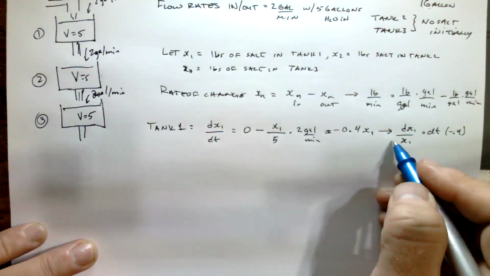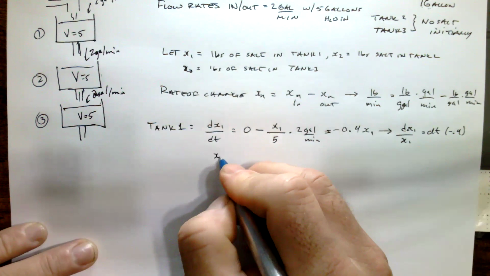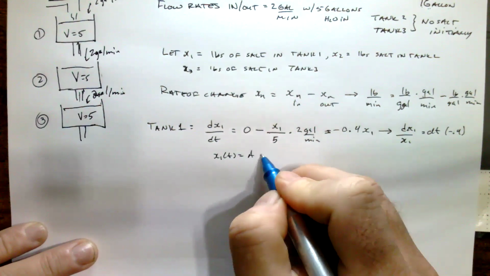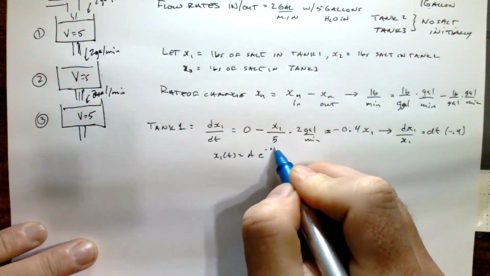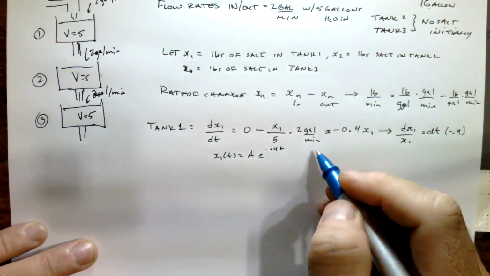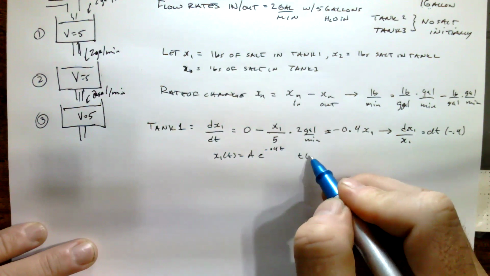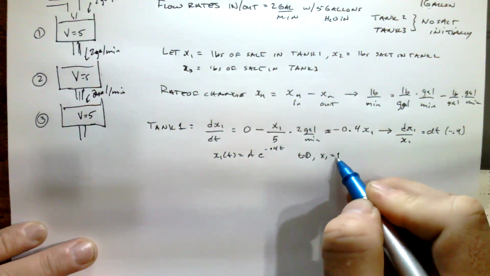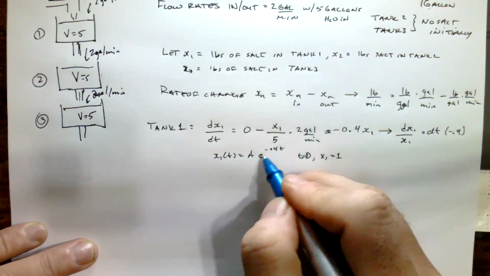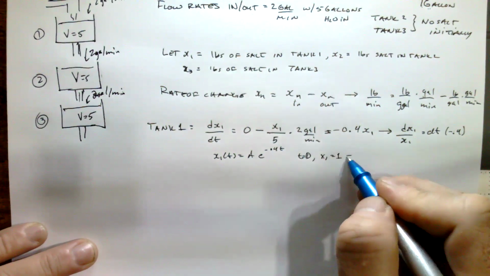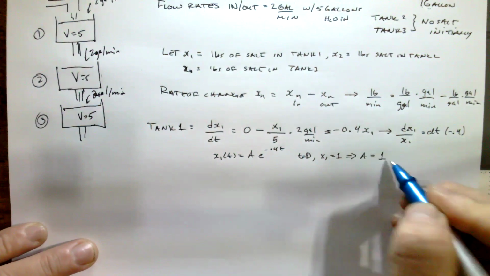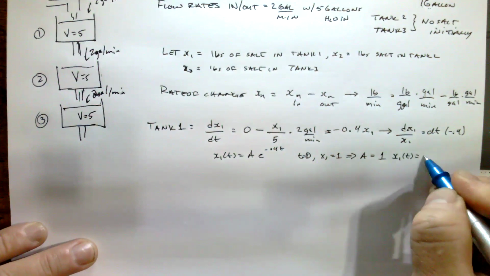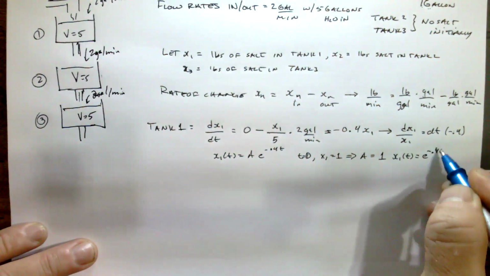So if you integrate and solve, you get x1 as a function of t is going to equal some initial amount A, e to the negative 0.4 t. And we know that at t equals 0, x1 is equal to 1. So you plug in, and that implies that A is equal to 1. So x1 of t is then just e to the negative 0.4 t.